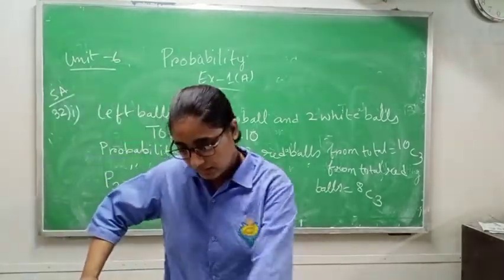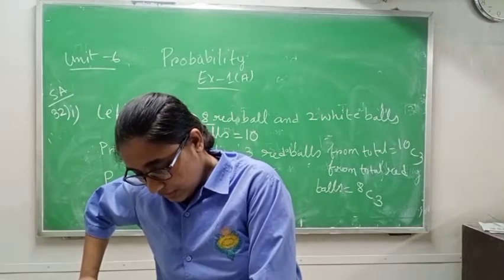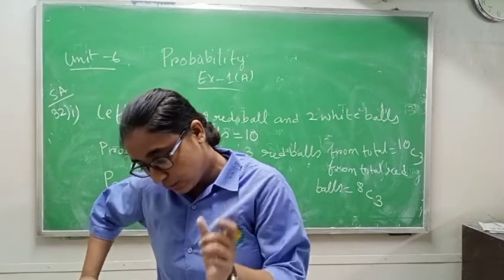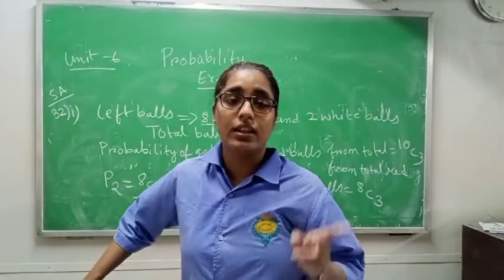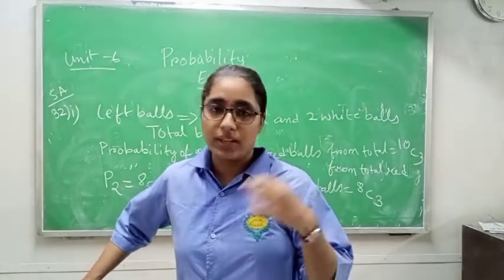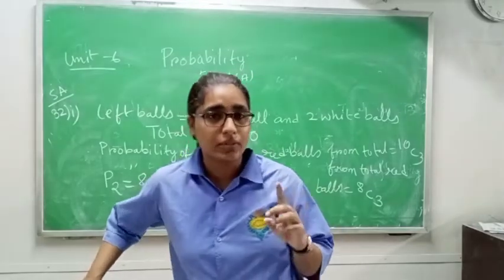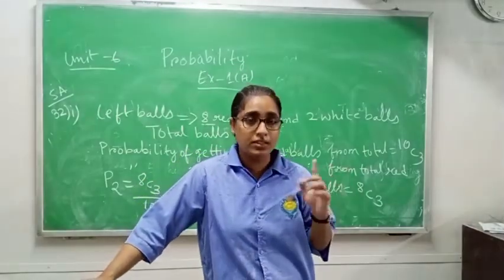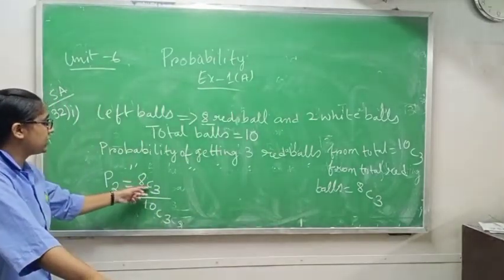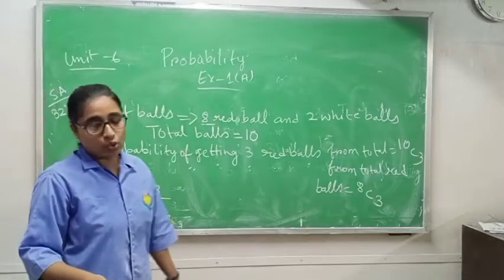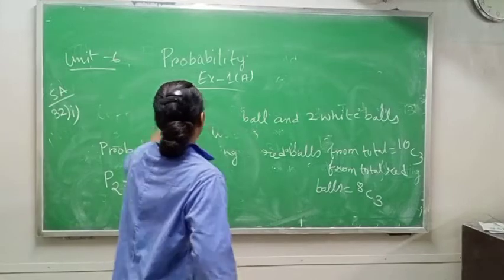After this, they are saying to find the probability that the first drawing will give 3 white balls and the second 3 red balls. Whenever 'and' is written, it means they are asking for both. First we are taking 3 white balls and then 3 red balls. In the first case we get 5C3 by 13C3. In the second case, taking out 3 red balls, we get 8C3 by 10C3. Means total probability we have to find, and we will multiply.